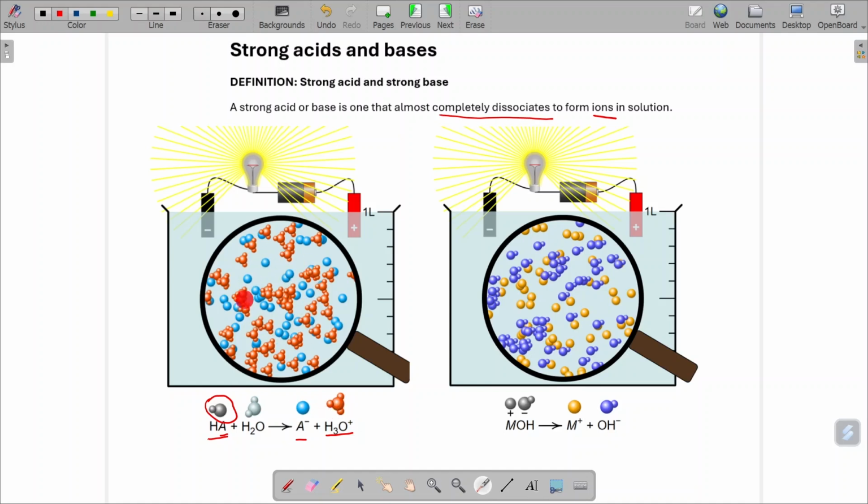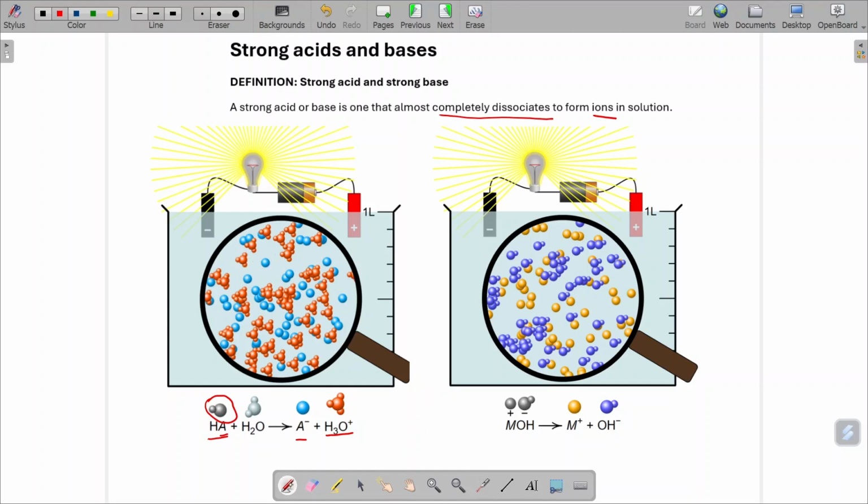And if you look in here, you can see it's completely dissociated. Because there is such a large concentration of these ions, and they are positively and negatively charged, if we put a light in, we can get a very bright light because there's a lot of charge that can be transferred in the solution.